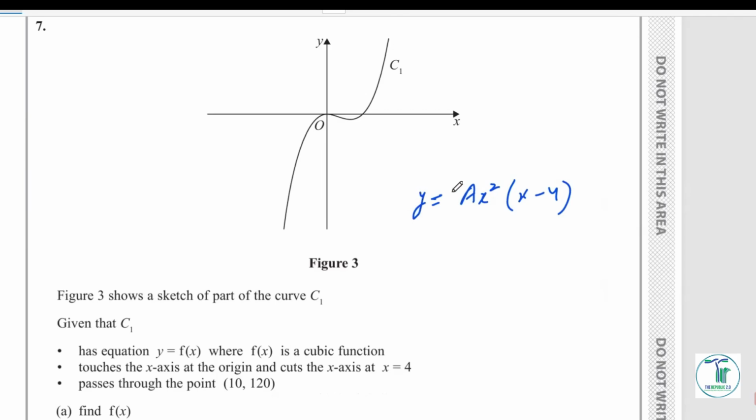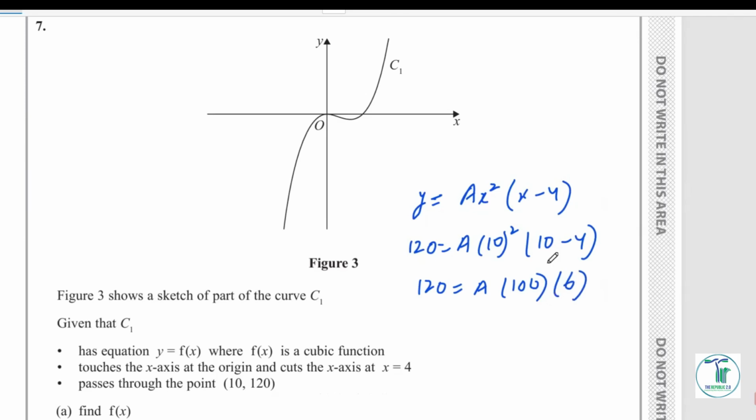Now it is passing through the point (10, 120). By plugging this point in, I can get a. In place of y, I write 120, and in place of x, I write a times 10 squared times (10 minus 4). I'm left with 120 equals a times 100 times 6.